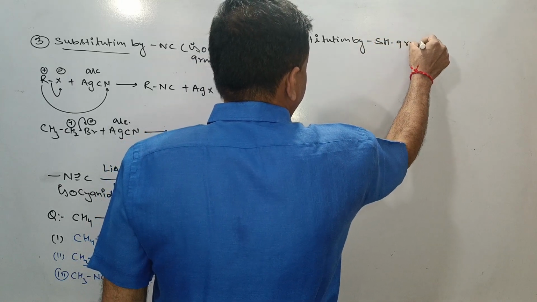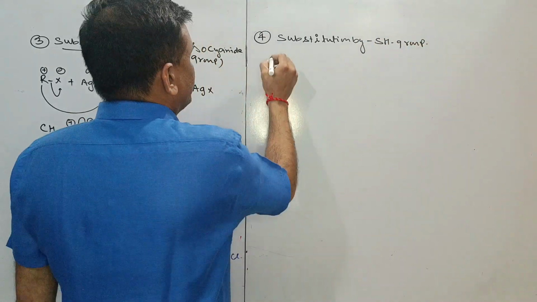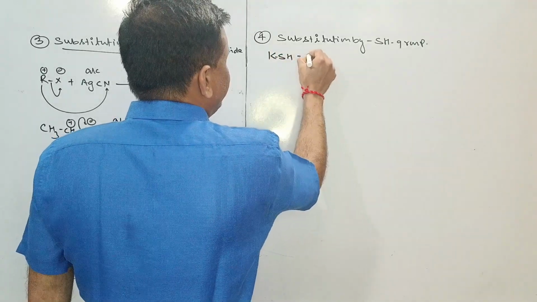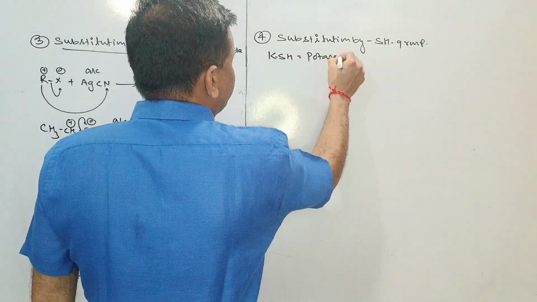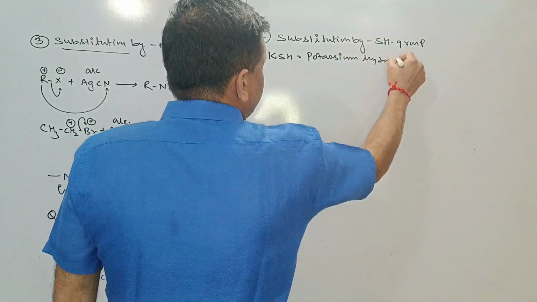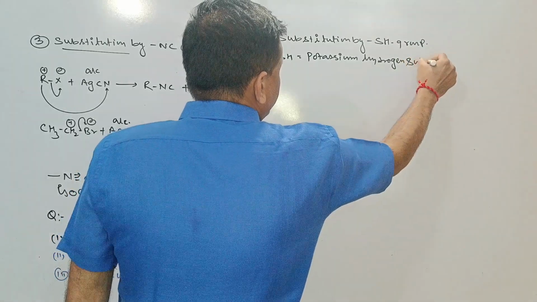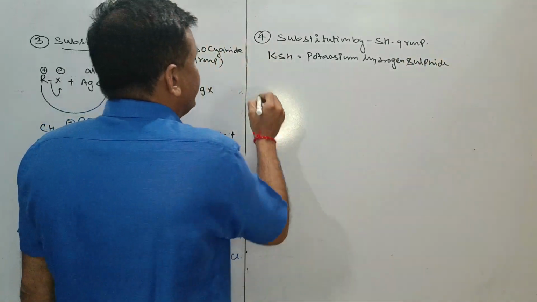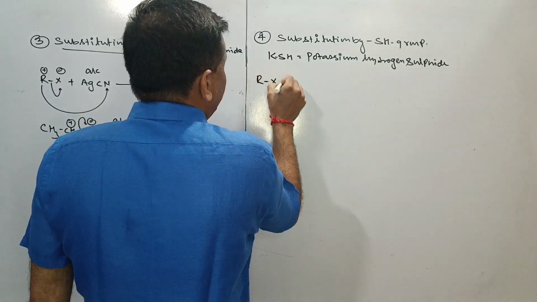SH group is called the thioalcohol group. So for this we can take KSH, potassium hydrogen sulfide. If we go with the reaction, then we can take RX as an alkyl halide.